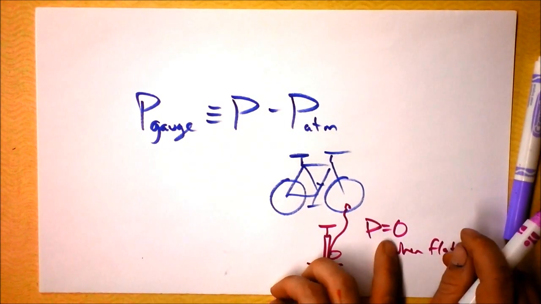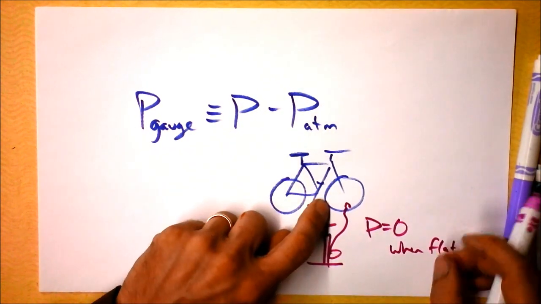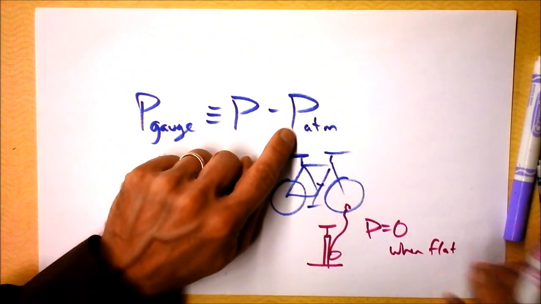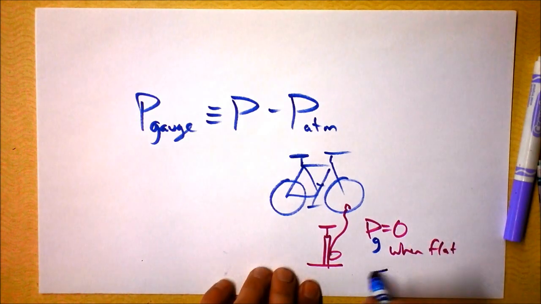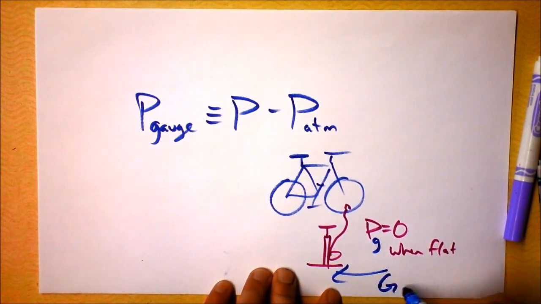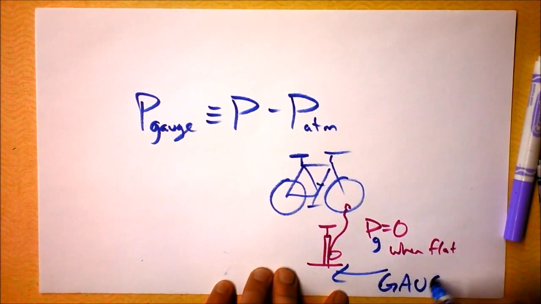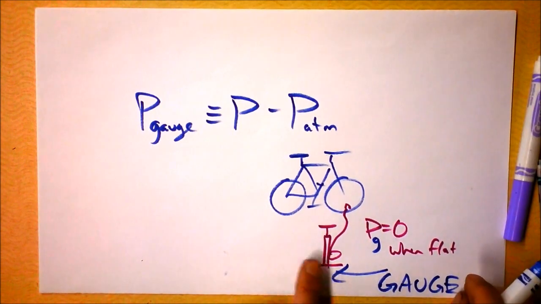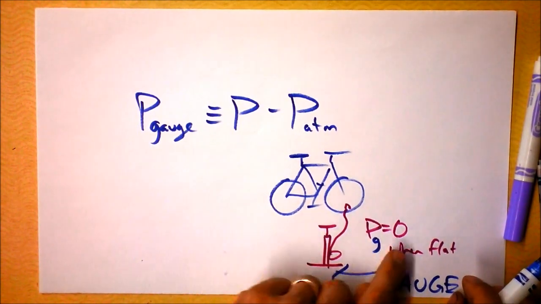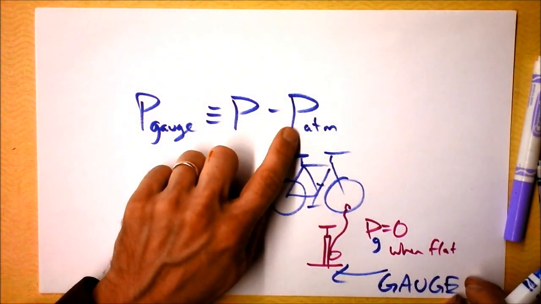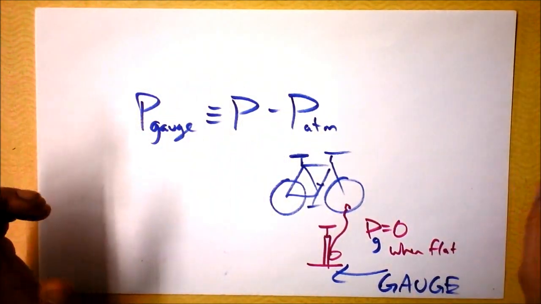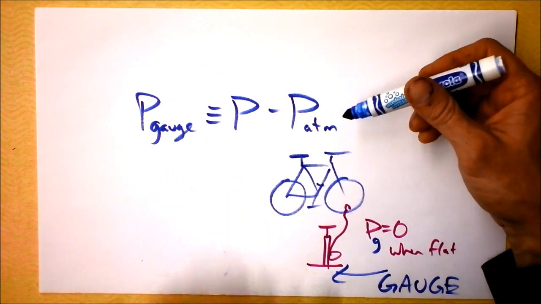But you know that the pressure of the air inside there is the same as the atmospheric pressure. So in fact, what we're doing is measuring gauge pressure with the gauge of a tire pump. That's the whole point. Gauge pressure is measured with gauges in atmospheric pressure. So we subtract the atmospheric pressure and we say the tire is flat when it is the same pressure as the atmospheric pressure.